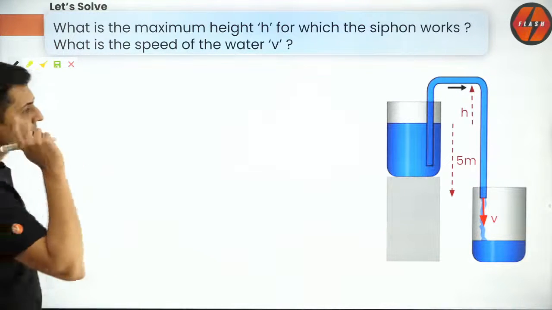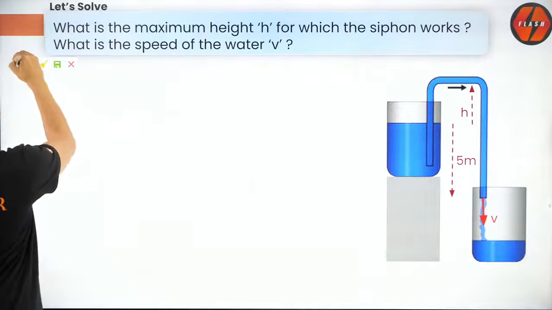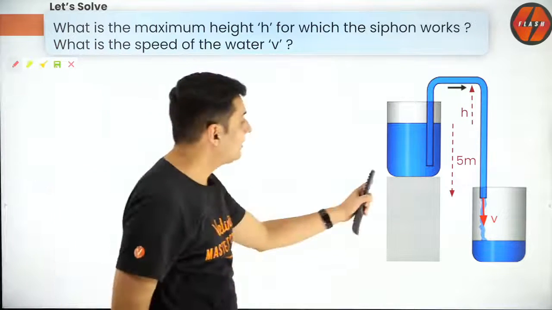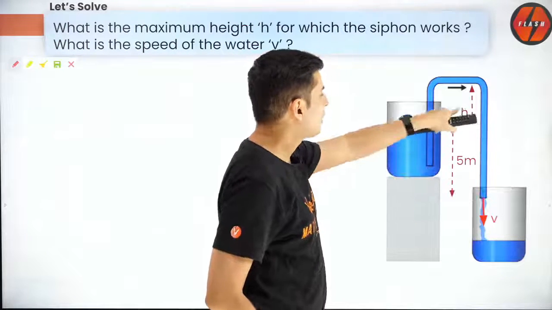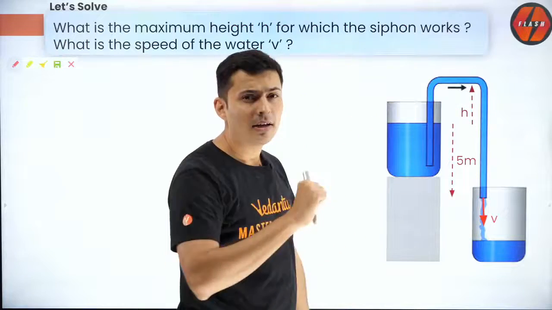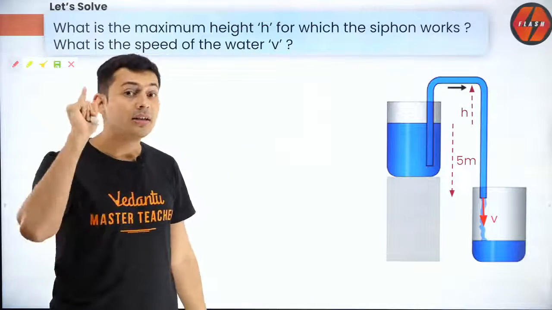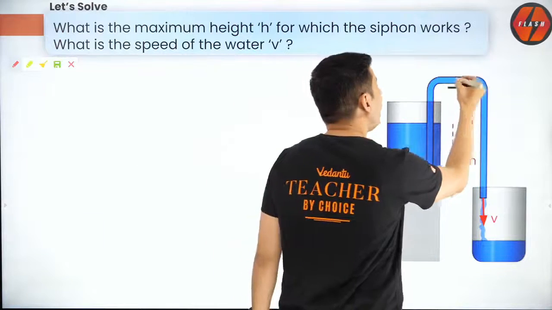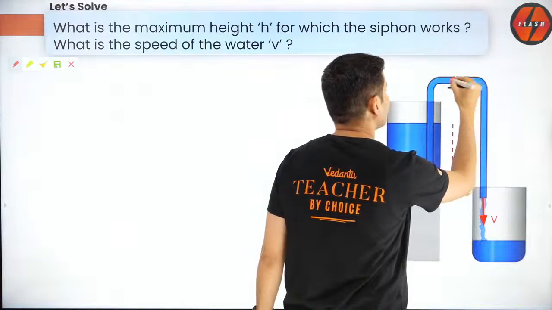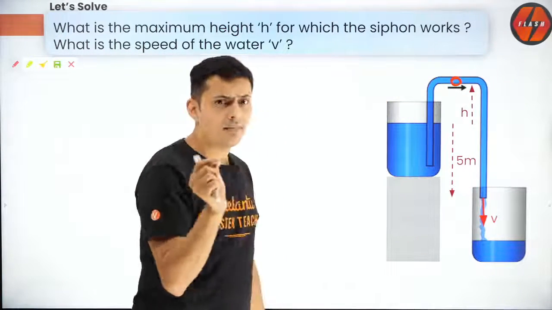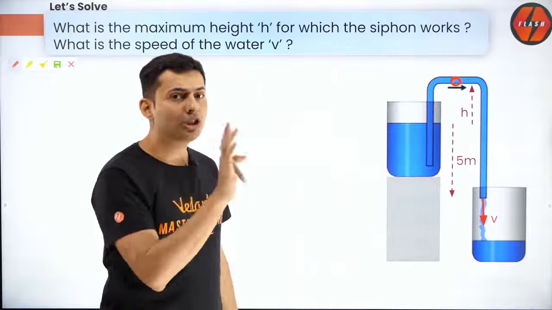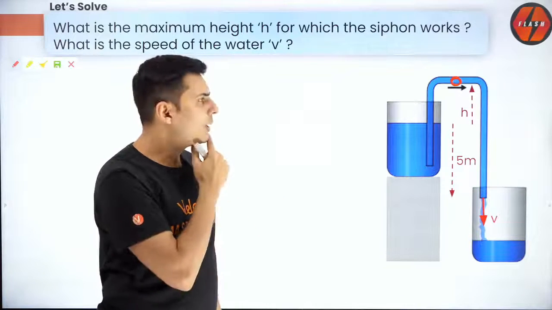Okay, so understand, guys, if the liquid has to cross this hurdle point, why is there a limitation on the height? The limitation on the height is because probably the pressure at this point might reach some critical value which it should not. You'll be like, sir, how?